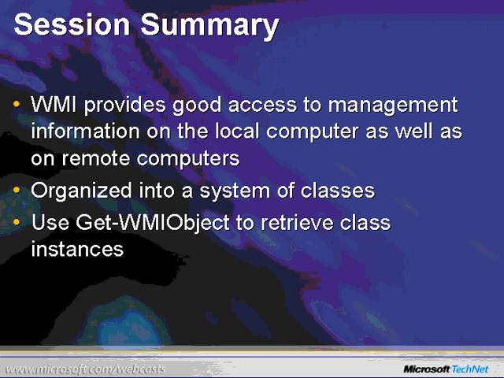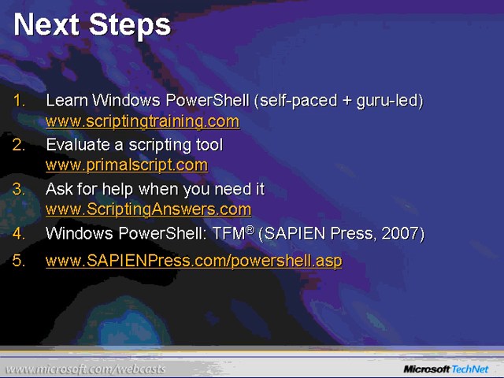It runs as a background service on all Windows computers since 2000. It can even be installed on NT4. It's organized into a system of classes, which are then organized into namespaces, which are more or less per product. And in PowerShell, you use the Get-WmiObject cmdlet to retrieve class instances. Once you've got those instances, you can do whatever you need to do to work with them.